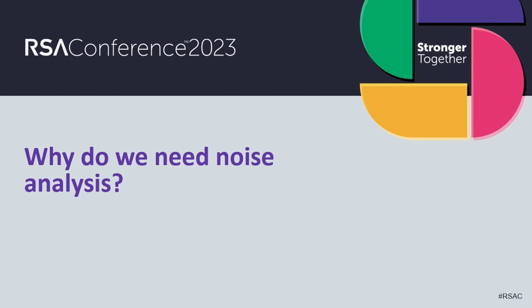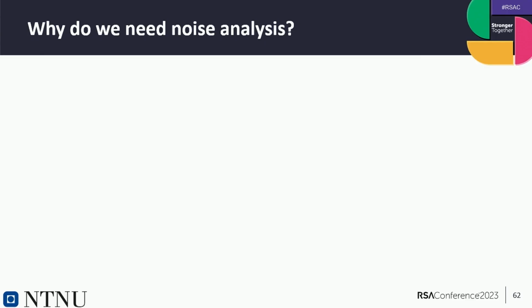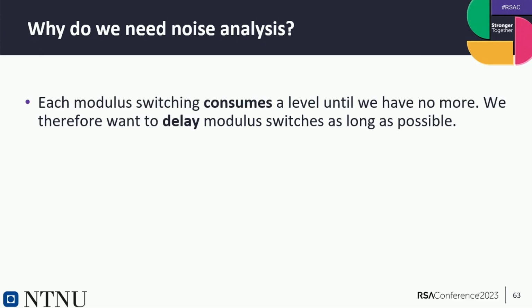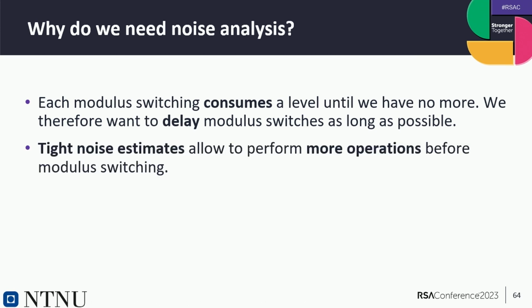I hope I already said a bit why we need noise analysis in FHE, but to give a few more points: each modulus switching consumes a level until we have no more. So we want to delay modulus switching as long as possible. But if we delay it, we get closer and closer to the point where decryption fails, so we need a very good idea of what happens to the noise.